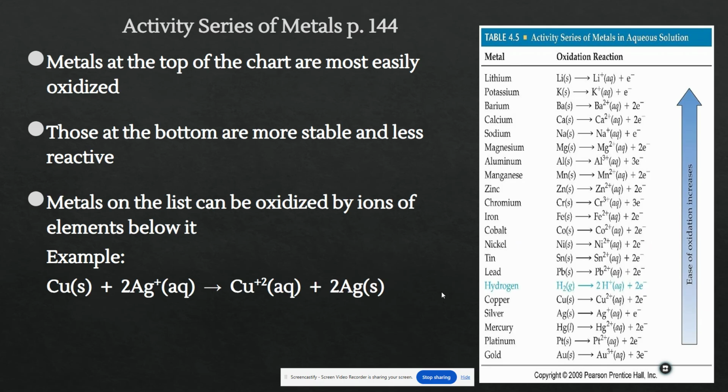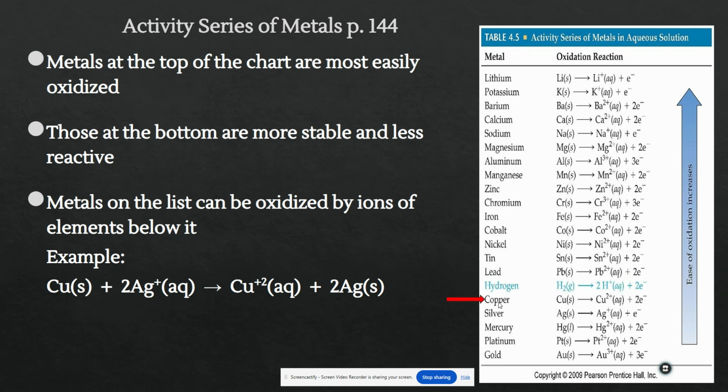Here's my example. I have solid copper. I'm putting a solid piece of copper into some silver nitrate solution, maybe, but it's a silver ion floating around in the solution. You're trying to see if copper is going to be oxidized and silver will be reduced back out again, like a plating situation. So you find copper on the chart.